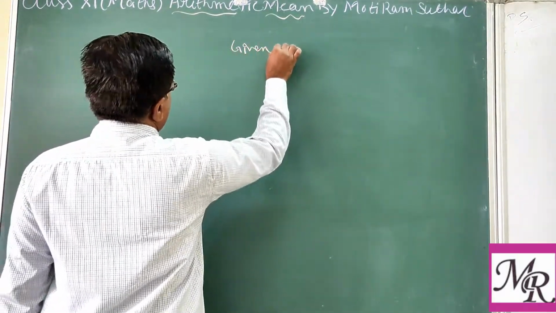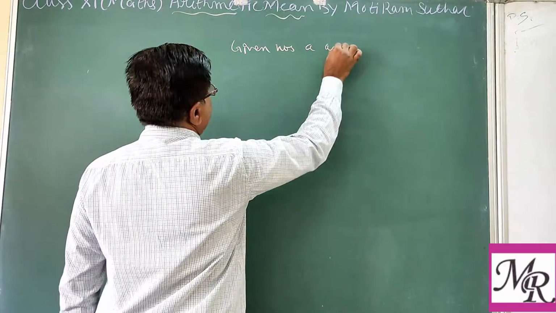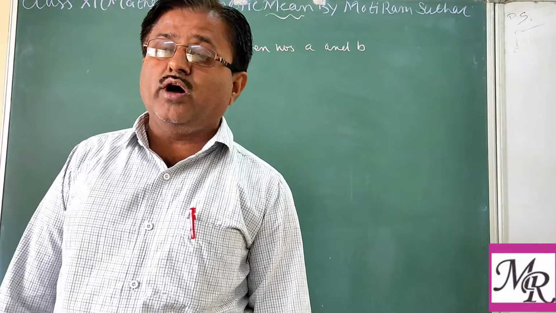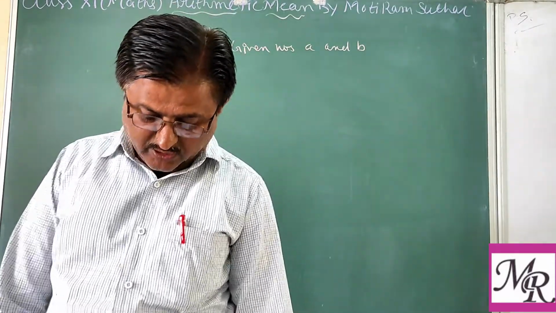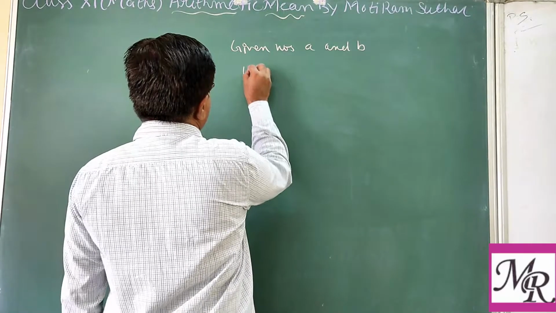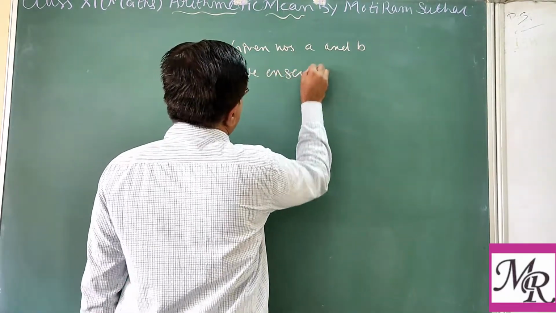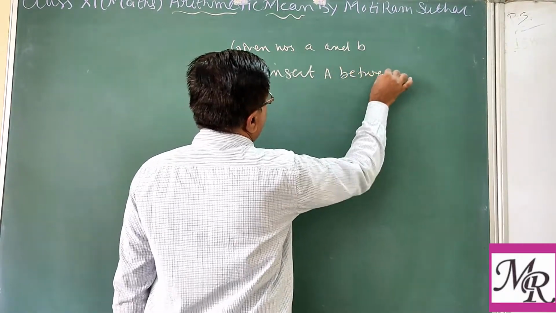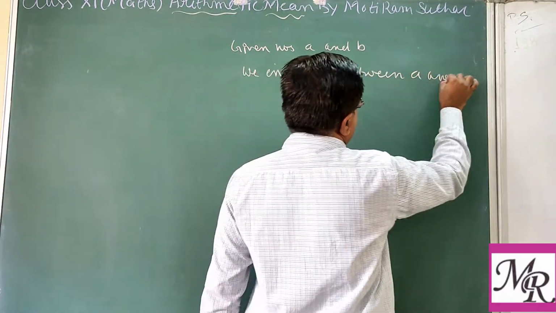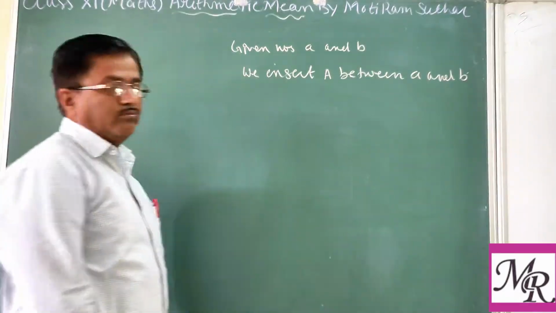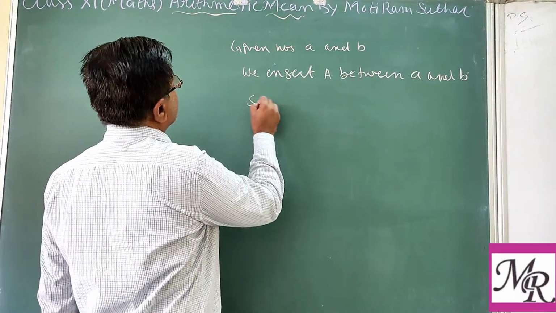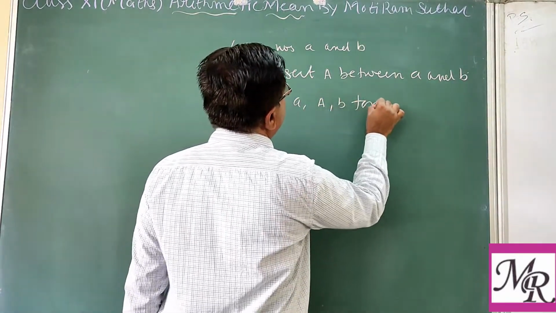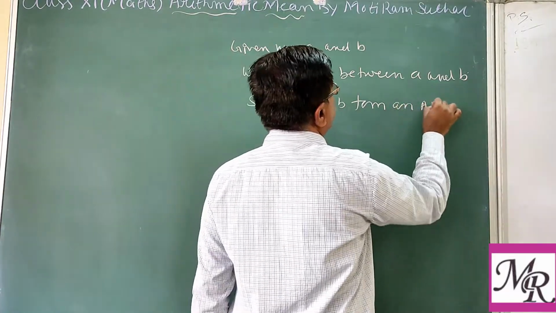Now suppose we insert one number between this a and b, such that the condition is that a, capital A, b form an AP.